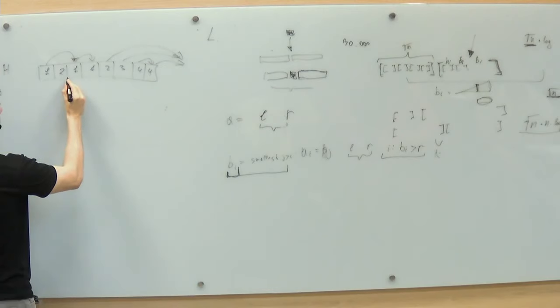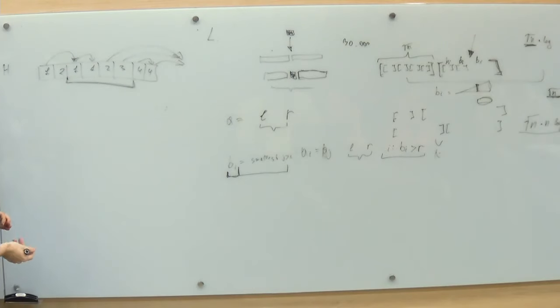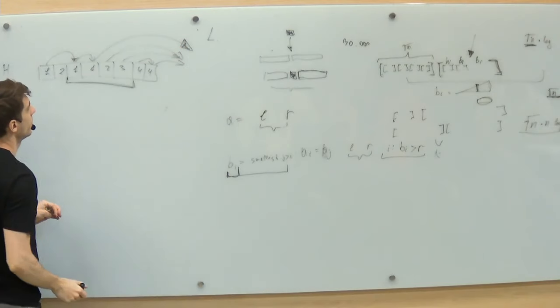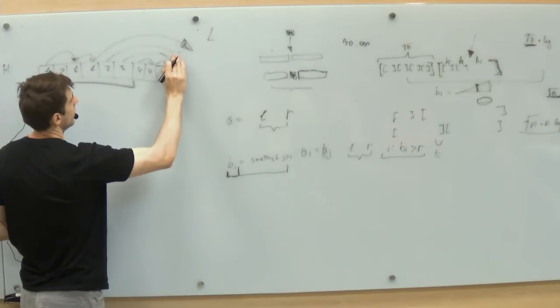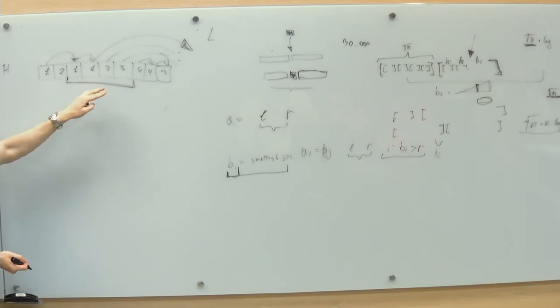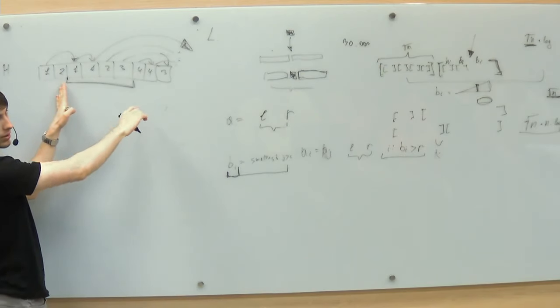And when you have to count the number of distinct elements in the sub-segment, instead of counting the size of the set of the uniques, we'll only have to look at these pointers and check the number of pointers that go outside of the array.